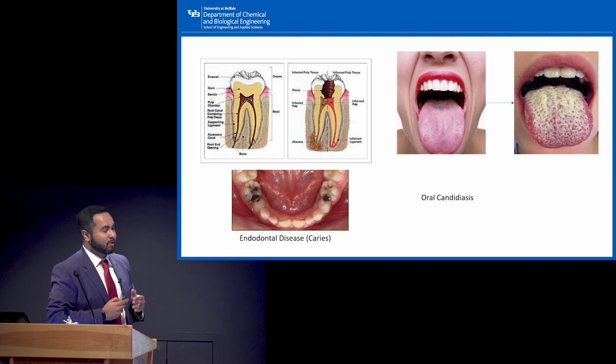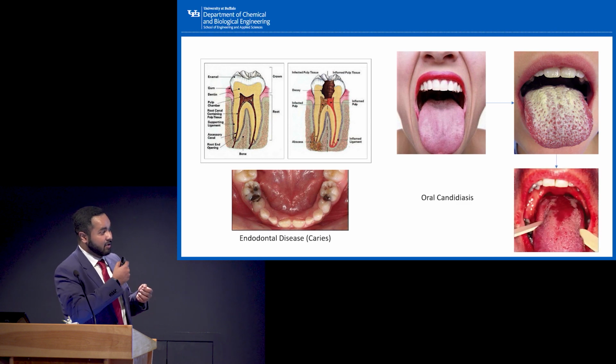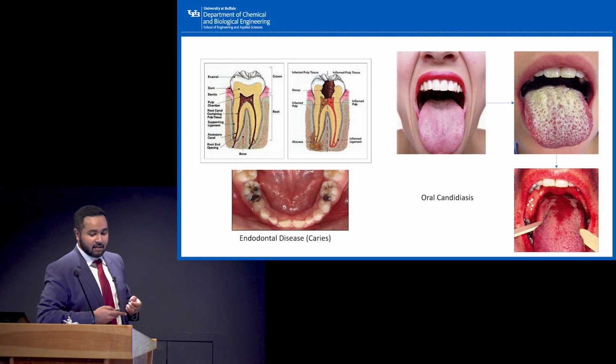It's a thin layer of fungus on your tongue. And that fungus basically anchors itself to your tongue and in between the epithelial cells of the tongue, and it's really hard to get rid of. If you try to get rid of it, it basically comes off as a sheet and also brings out some of your tissue along with it, so it leads to a lot of bleeding.